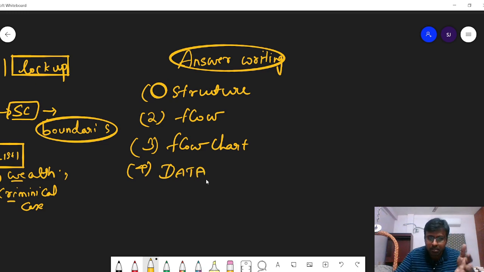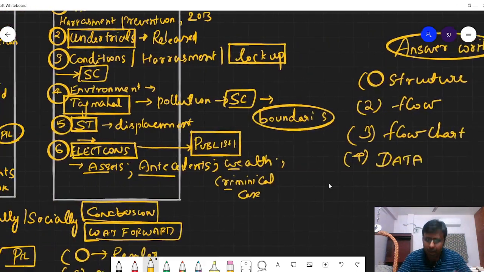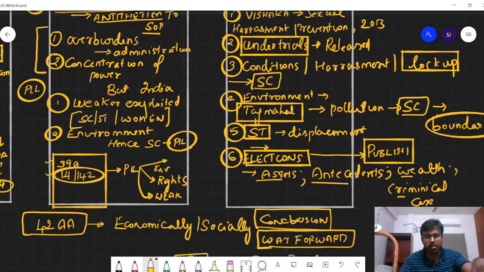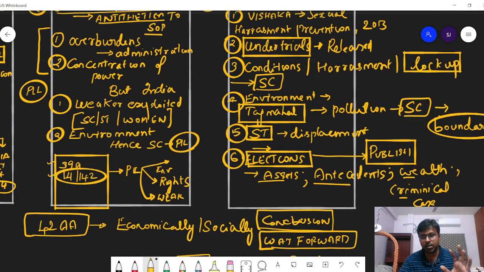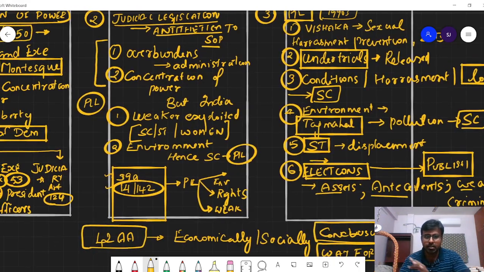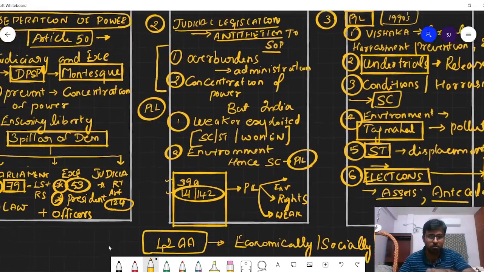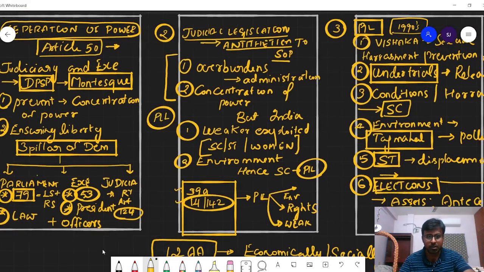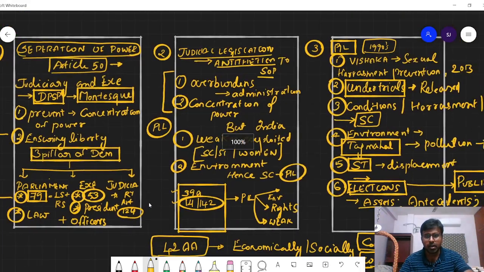This is the live thing, and I will put it up. I wrote this and have put it on the screen. I will put the written answer in the group, Minds of Aspirant, the link will be there. But see this answer once, in the sense that the answer should have a structure, framework, data, flow and everything. And this is how a mains answer is written, my friends.